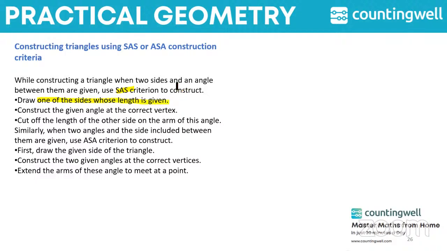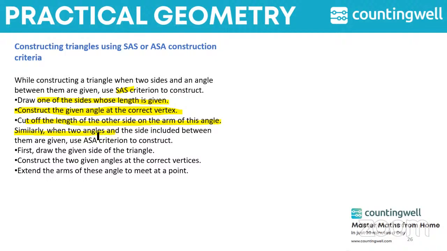Usually we take the longer or greater side as the base. Then we construct the given angle at the correct vertex. So you have to note down which angle is given and then construct it at the correct vertex. You have to cut off the length of the other side on the arm of this angle.